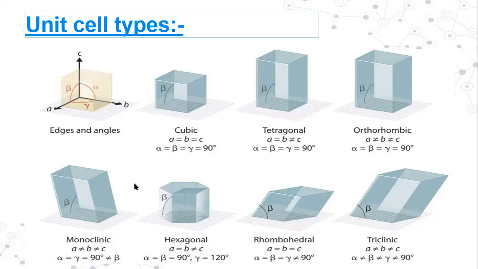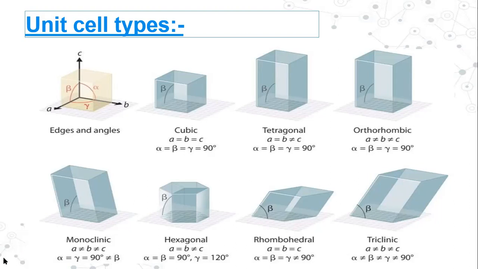Next, coming to the fourth type, it is monoclinic. In this one also, the lengths of the edges are not equal. So A is not equal to B, B is not equal to C. And the angles are, two of the angles are equal to 90, but one angle is not equal to 90.